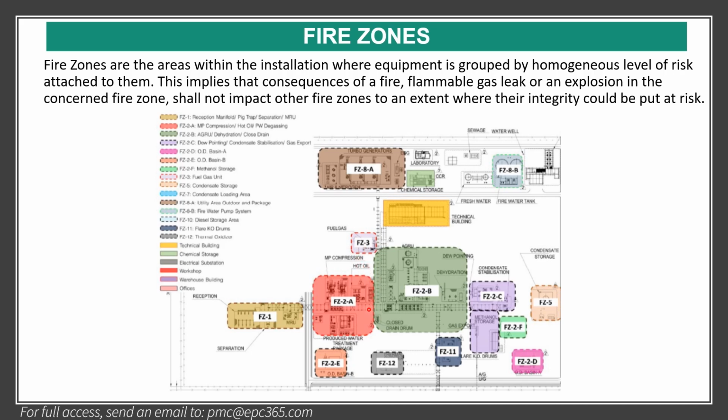So basically, if something happens here, it will not escalate to this one. The concept of fire zone is, by calculation, we regroup all the equipment in such a way that if something happens here, it will not escalate here.